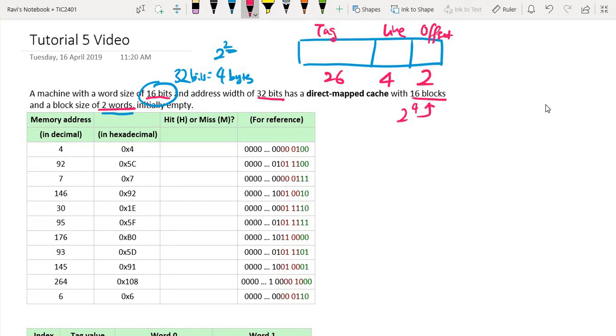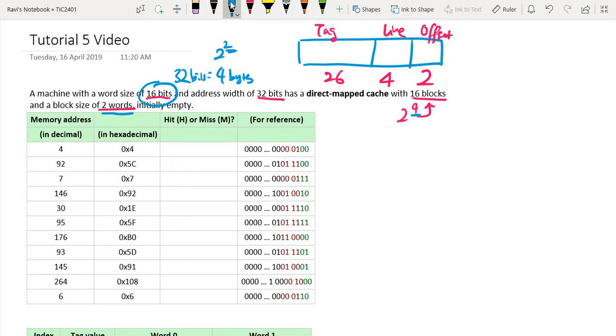How do I get an idea of the bits mapping to the tag, the cache line, and the offset? So I repeat, since I have 16 blocks, which means 16 lines, and 16 lines is 2 to the power of 4, I have 4 bits for the cache line.